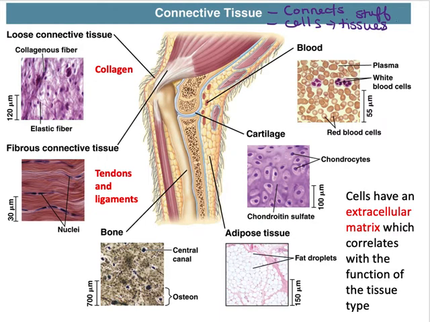So the tissues are defined by what the cell's extracellular matrix is, or ECM. We learned about that in Unit 1. So I'd review those slides for your final.